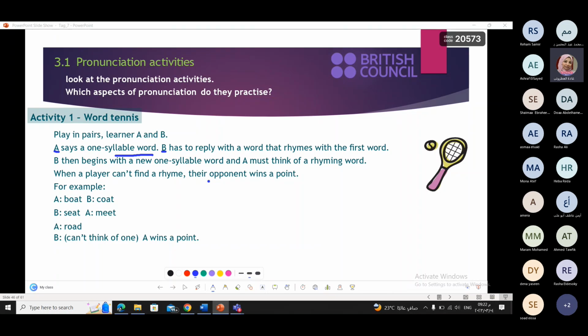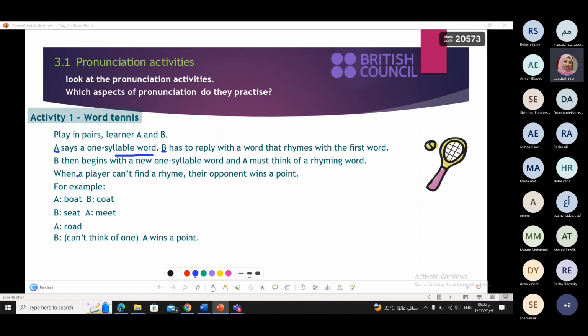So you start with a word, and your partner will say a word that rhymes with the same sound. Then B starts with a new word, and A must think of a word that rhymes with B's word.